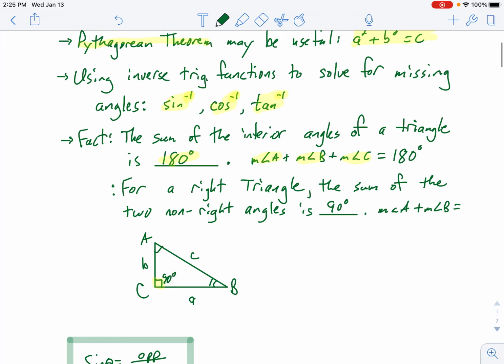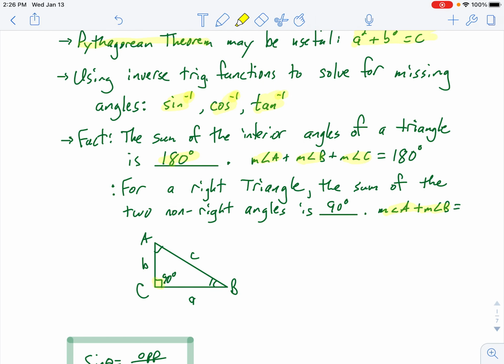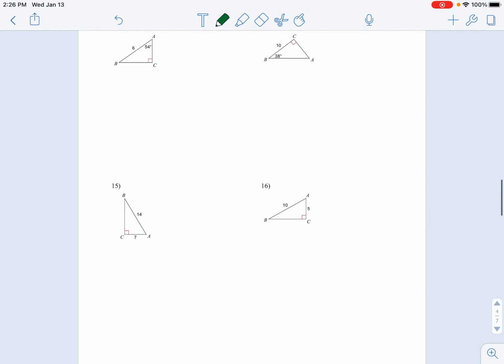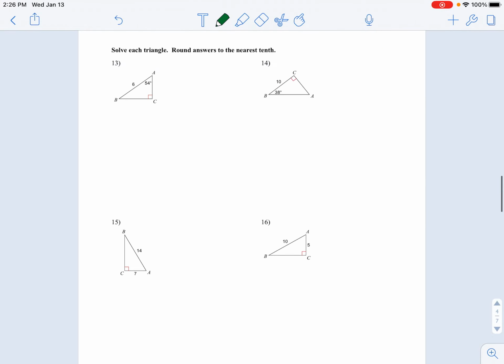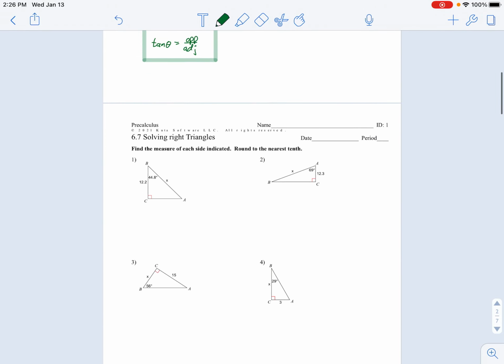So if we're just dealing with angle A and B, the measure of angle A plus the measure of angle B is 90 degrees. That's just a good fact to have. We probably won't use that until we get down to the last 4 problems, my last 2 examples. But that will come into play.